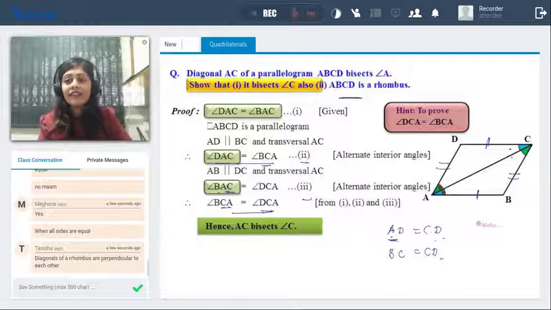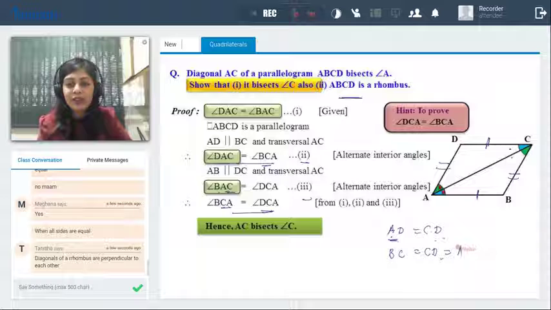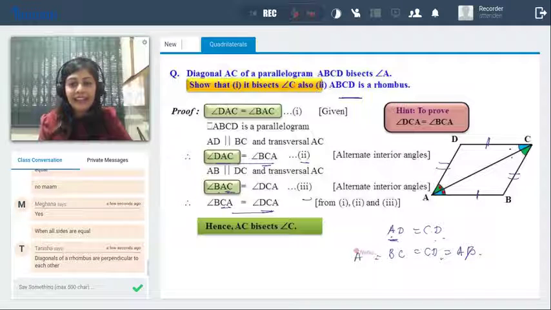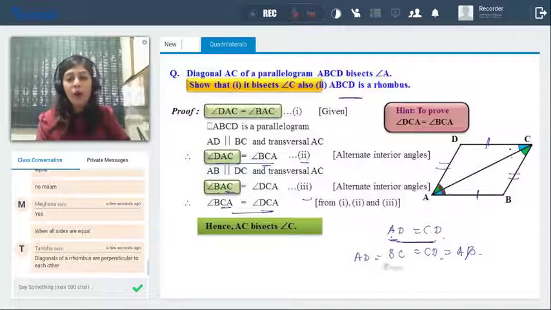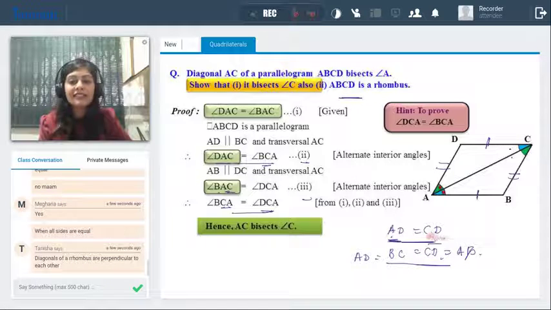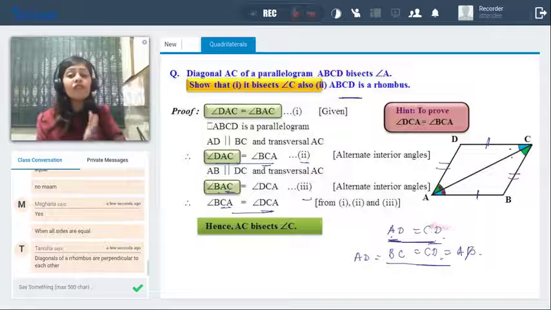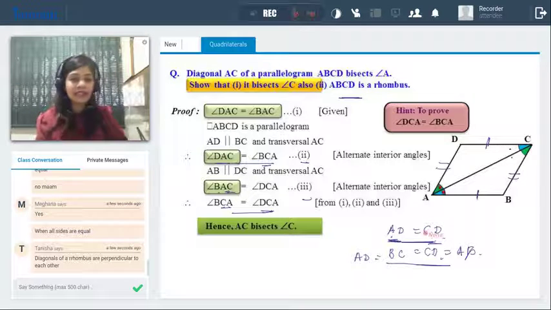Yes, and we already know that CD is congruent to AB, so CD is congruent to AB and BC is congruent to AD. And hence, if I just get AD equal to CD, all the four sides are going to be equal. Yes, definitely. So if I just get two adjacent sides equal of a parallelogram, then I can safely say that all sides are equal.